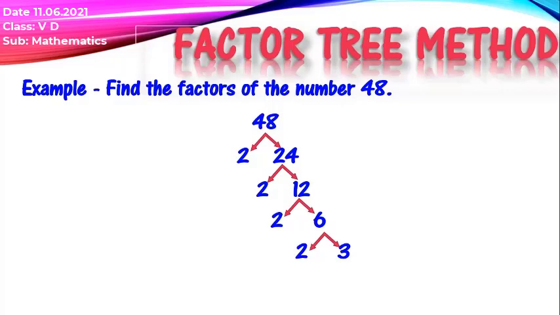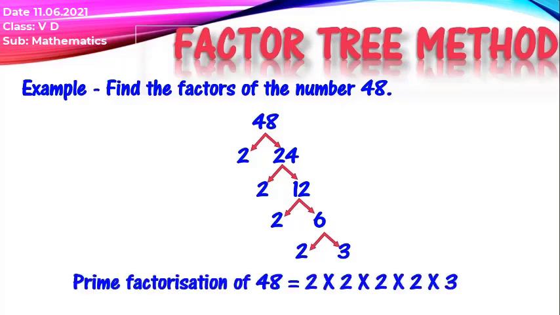Now 2 and 3, both of them are prime numbers, which we cannot split further. Therefore, prime factorization of 48 is equal to 2 multiplied by 2 multiplied by 2 multiplied by 2 multiplied by 3, which gives us 48.